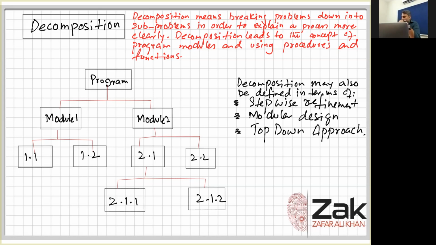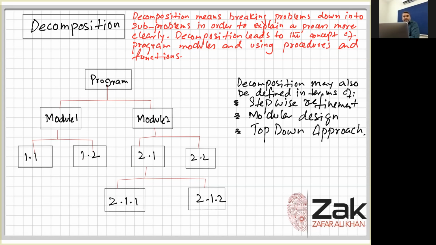Over here I try to explain it like this: let's say there's a program which I have broken down into two modules, and then I visited every module, and if I found it possible to break it down further, I have broken it down. The same happened with module 2, but one of the subroutines under module 2 can be broken down further.